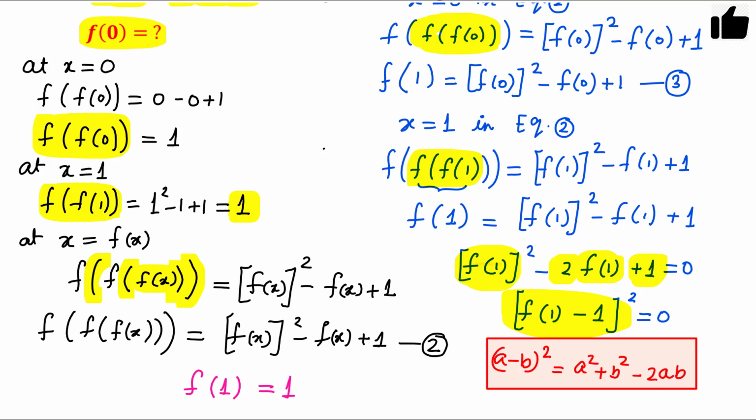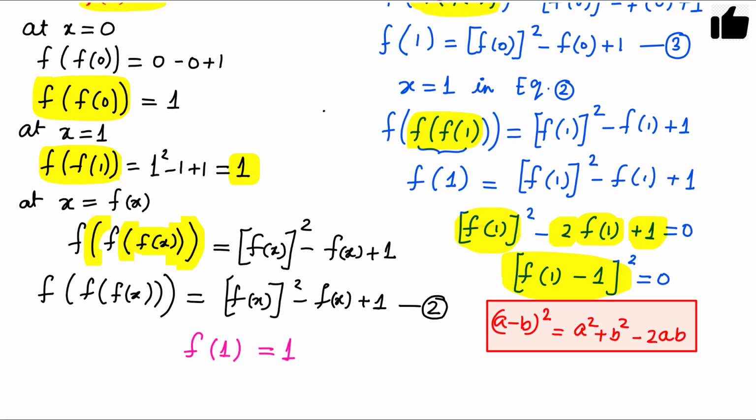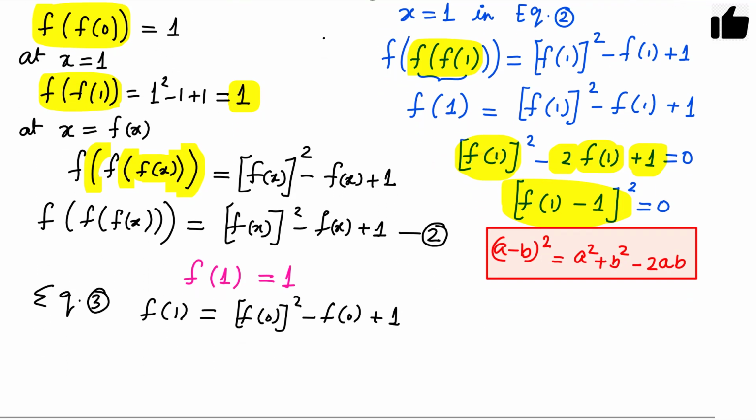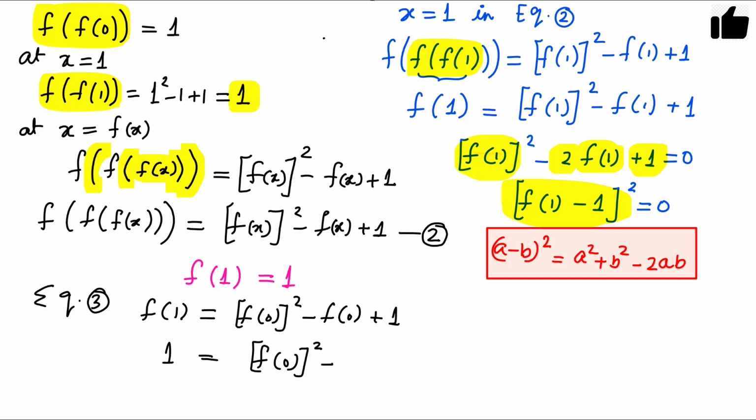Now let us see equation 3 once again. f(1) = (f(0))² − f(0) + 1. Now I know f(1) is 1, so I can plug in this value: 1 = (f(0))² − f(0) + 1.